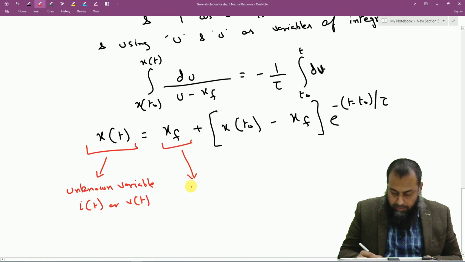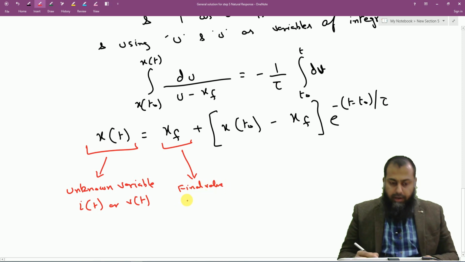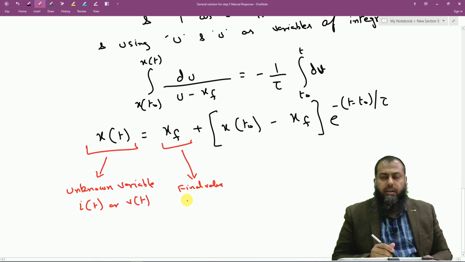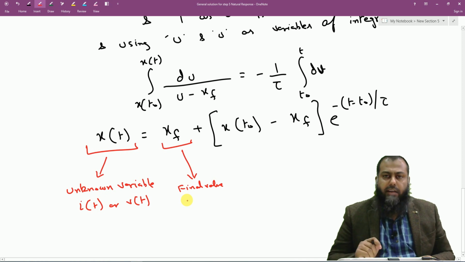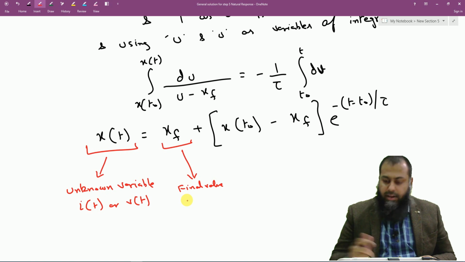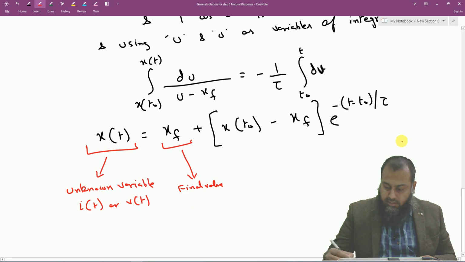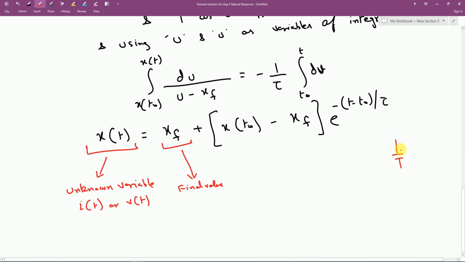xf represents the final value that will be reached after 5 time constants have elapsed. So if we have an inductive circuit, for instance this circuit here, this is the final value of the current. What should be the final value of the current if this is 10 and this is 10?